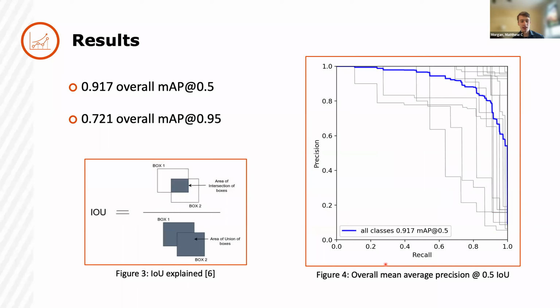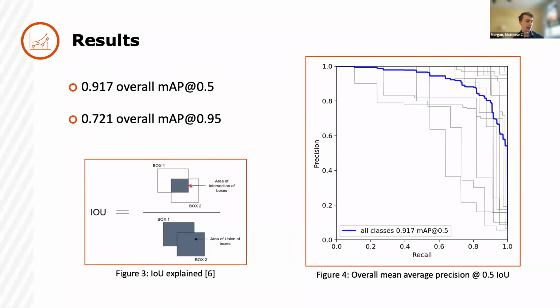IOU is the intersection over union, and it's essentially a metric of how accurate the model's guess is, and at what point do we count it as a good guess or as a true correct guess. And that's explained in figure 3.